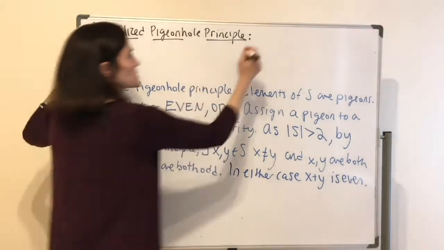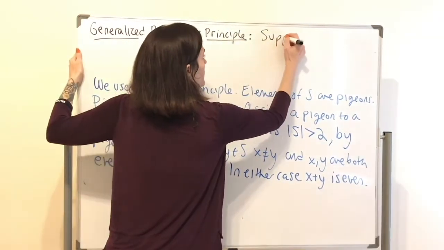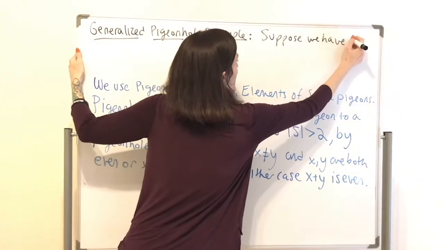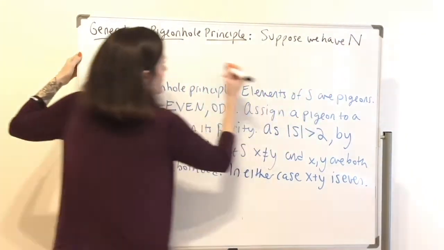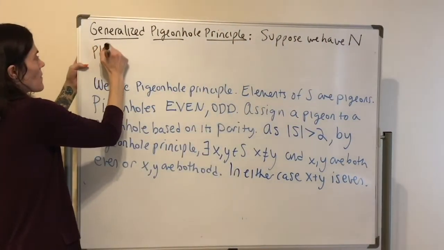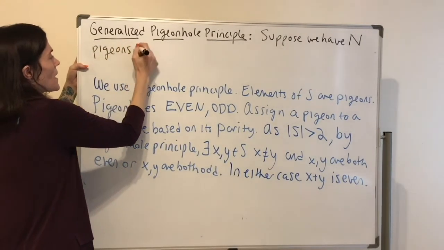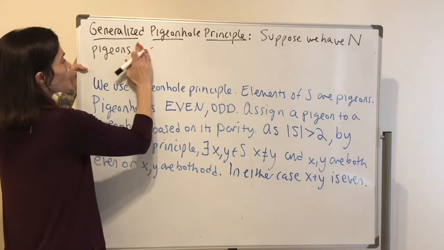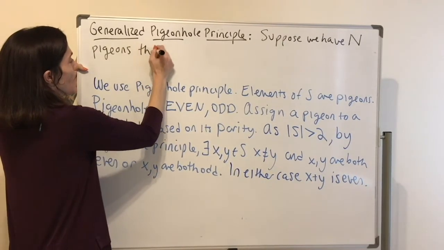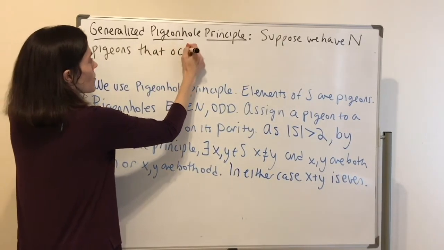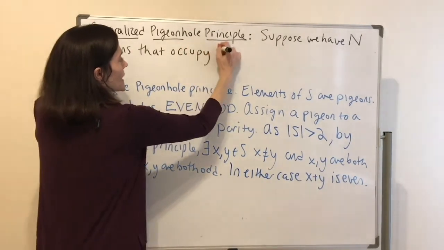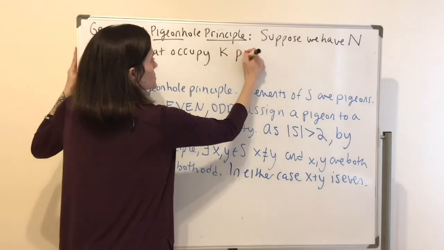Let's suppose we have capital N pigeons that occupy K pigeonholes.